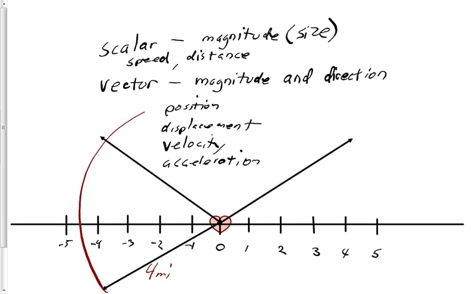So I could be anywhere along that circumference. You don't know, because all I've done is give you a distance, not a displacement, because I haven't told you what direction I've gone. So that would be an example of a scalar. It has magnitude, but not direction.